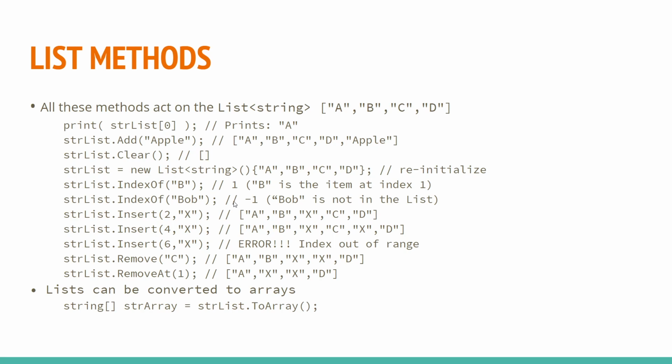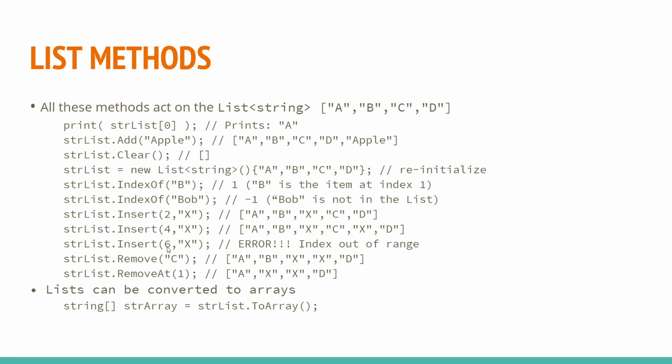So it says no. We can also do things like insert elements at specific points. So in this case, if you want to insert X, it would put it at what would then become the second index, pushing everybody else further down the list.